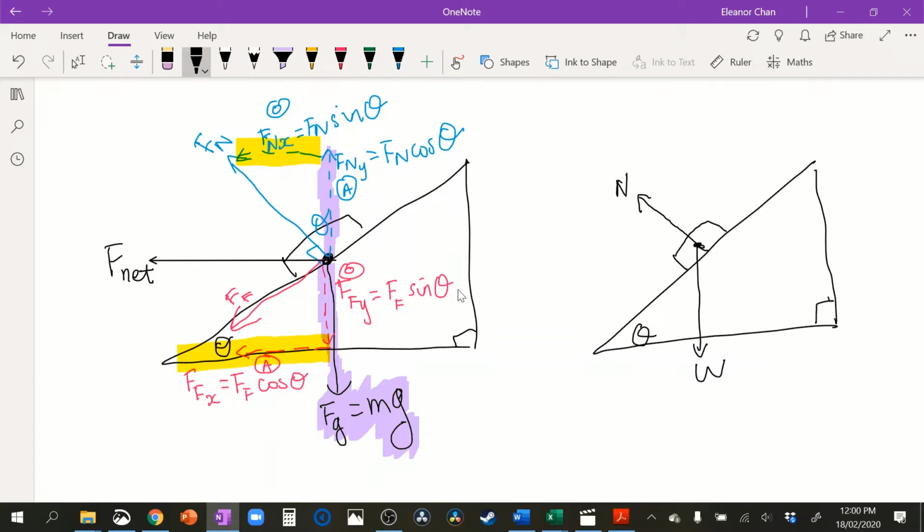For the purposes of this diagram, we're not doing it from the center of mass. It's a bit easier to do it from the center at the base of it because of where all the angles are and things like that. But all the forces are coming from, when I say, one idealized spot. If you ever see the normal force coming from a surface, that's why. Technically, that's actually better. And if you see the weight coming from the center of mass, that's also technically better. But I just needed to show you this and tell you that.